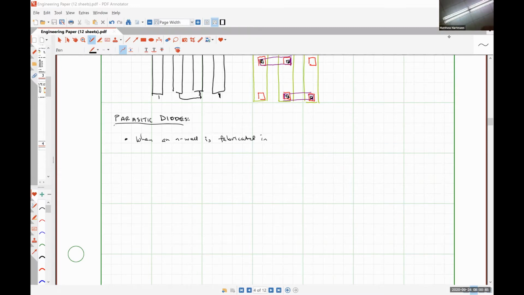So when an N well is fabricated in a P substrate, a PN junction occurs at the interface.